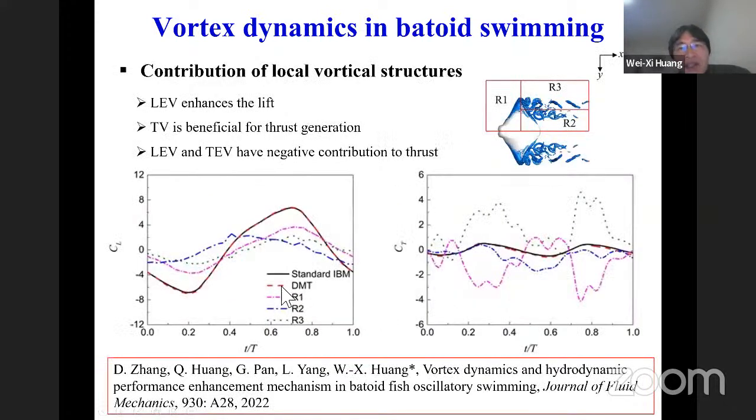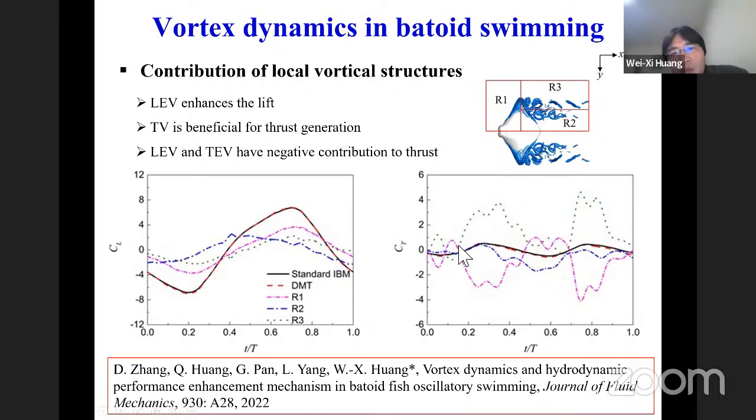So these are the results. From this figure, we can see that for the lift force, the main contribution is from the R1 region, the leading edge vortex. But in the swimming problem, we mainly concern the propulsion force, the thrust force, not the lift force.